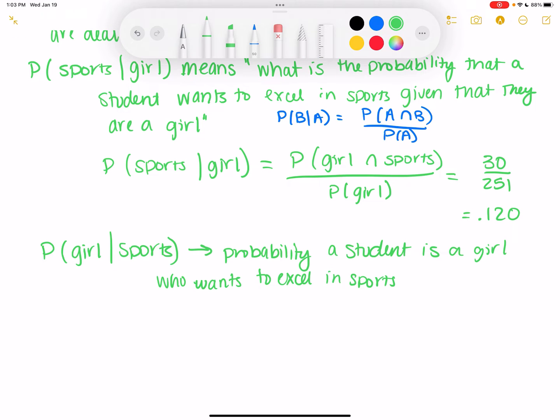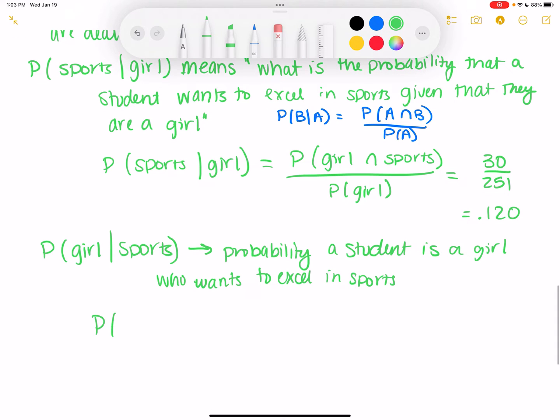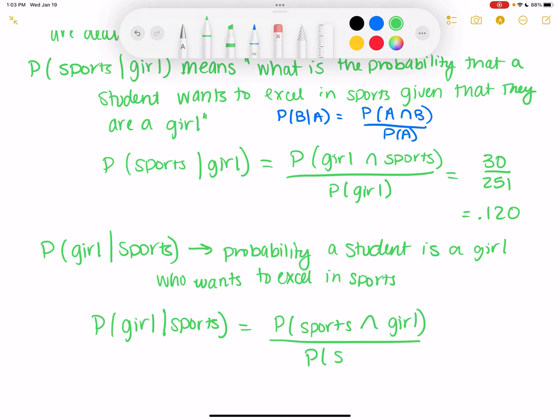So now we have P of girl given sports. So again, following this pattern, it's the probability of sports intersected with being a girl over, now instead of the probability of it being a girl like it was in the last one, it's now the probability of sports.